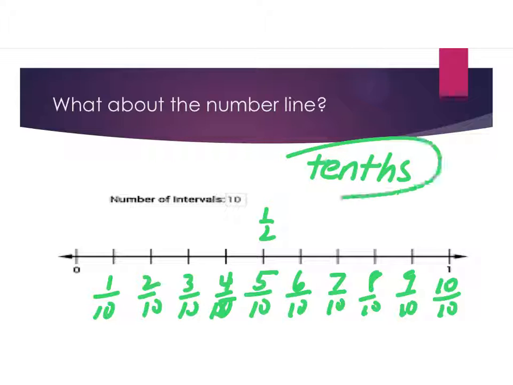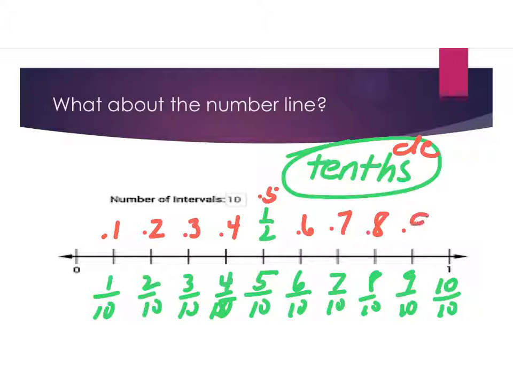So it's broken down in tenths, and I wrote it with the fraction form, but we can also think about this in terms of tenths written in decimal form, and that would be 0.1, 0.2, 0.3, 0.4, 0.5, which is equal to 1/2, and 5/10, 0.6, 0.7, 0.8, 0.9, and 1.0, which is 1, which is 100%.